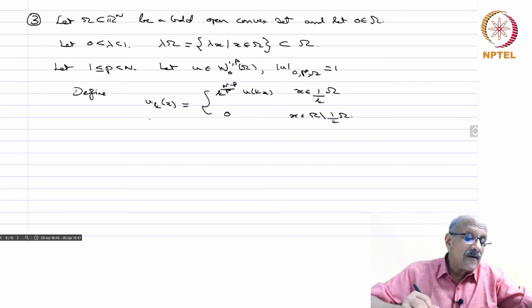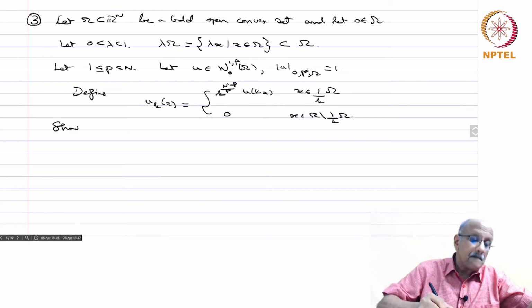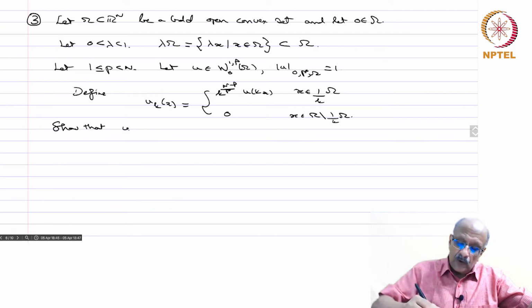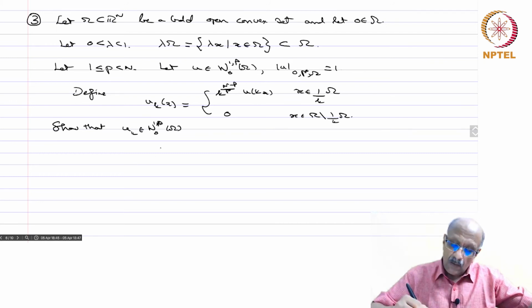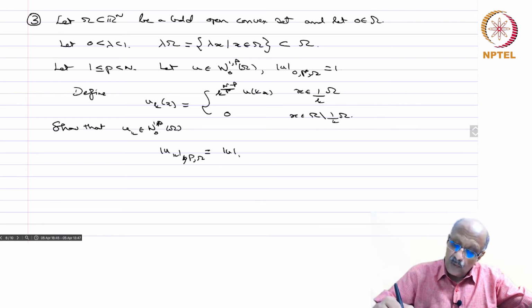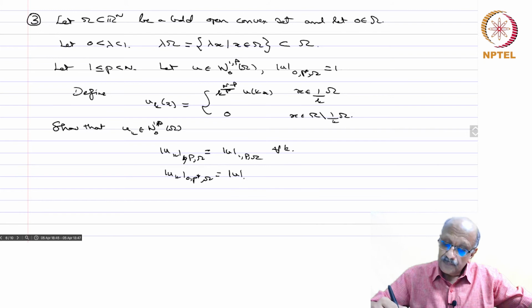Then show that u_k belongs to W^{1,p}_0 of omega, the W^{1,p} norm of u_k equals the W^{1,p} norm of u for all k, and the L^{p*} norm of u_k equals the L^{p*} norm of u for all k.